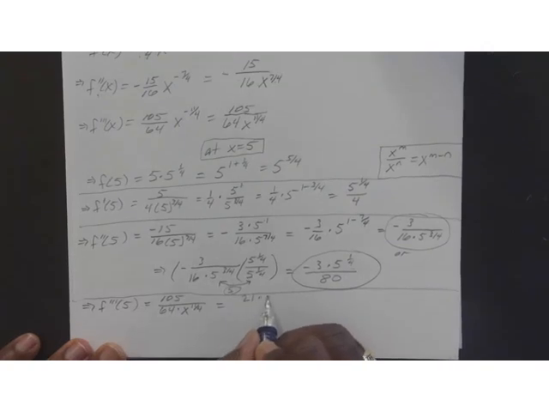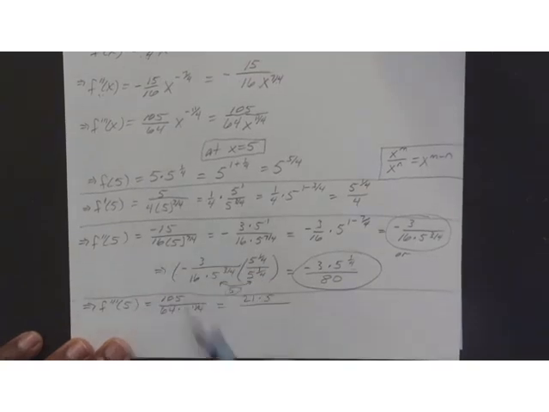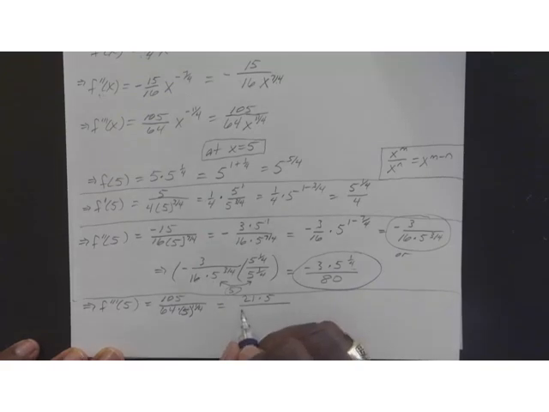Did I forget my 5? Nope, I didn't. Got to plug in my 5. So it should be 5 to the 11/4 power. So that's 64 times 5 to the 11/4 power.